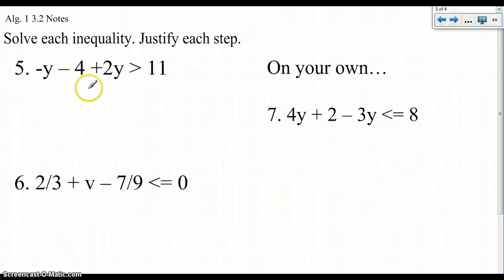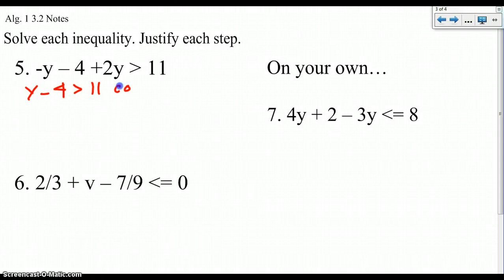We're going to move on to number 5. And for 5 through 7, we're going to solve each inequality, and then we're going to justify each of our steps. So the first thing on number 5, we need to combine like terms. So negative y and 2y is just 1y, minus 4 is greater than 11. And our justification for that is combining like terms.